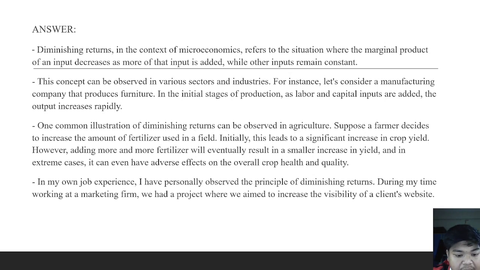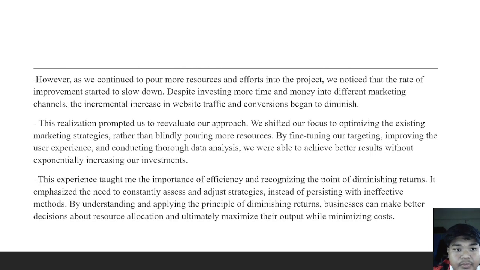During my time working at a marketing firm, we had a project where we aimed to increase the visibility of a client's website. We initially implemented various strategies and saw substantial improvement in website traffic and user engagement. However, as we continued to pour more resources and effort into the project, we noticed that the rate of improvement started to slow down.